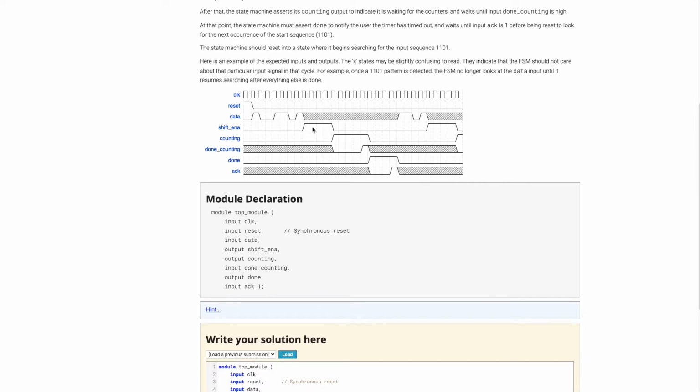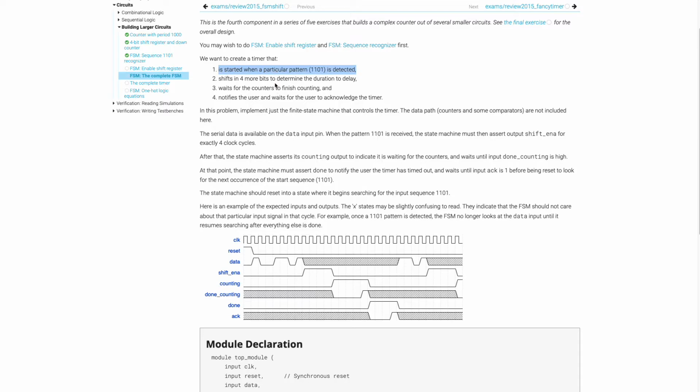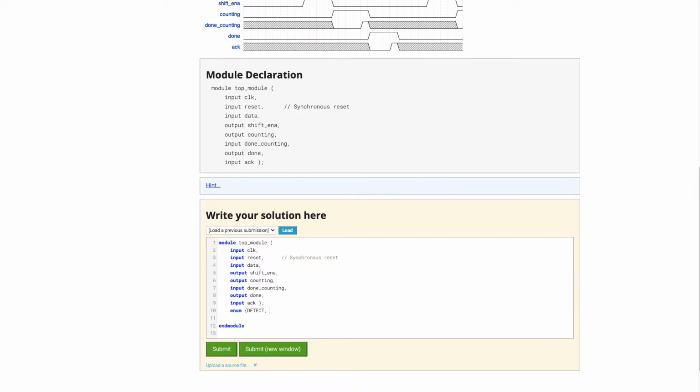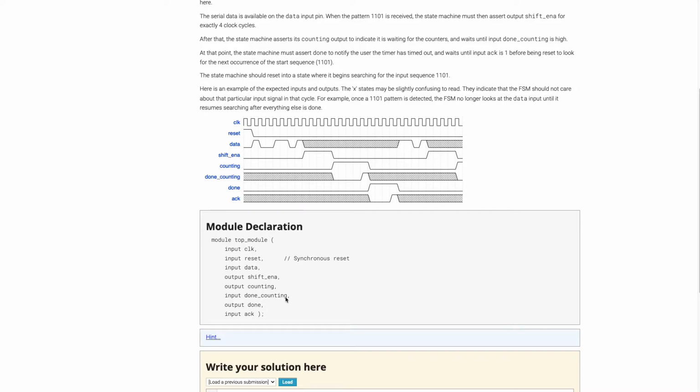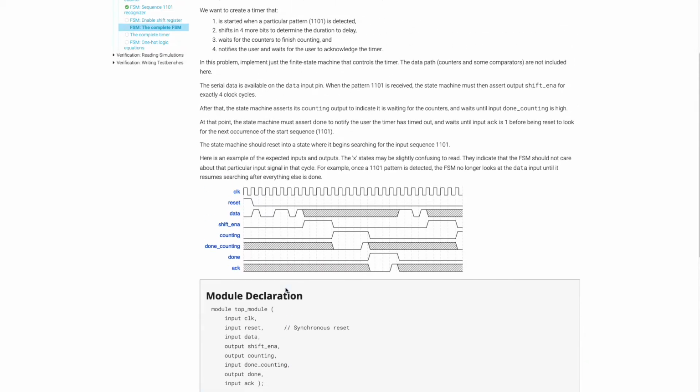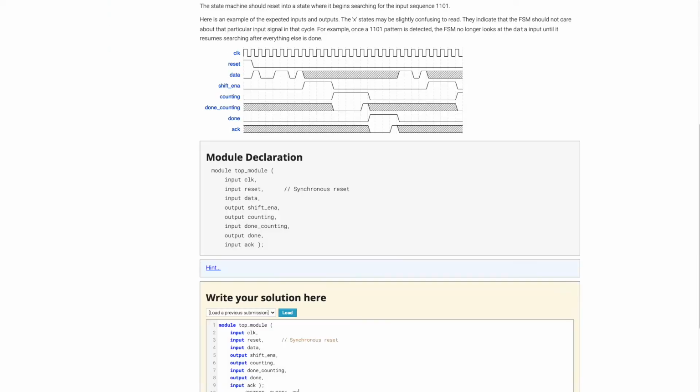So we have states of detection, shifting, wait for done, and notify. So shift for 4, wait count, and wait ACK state, next state.